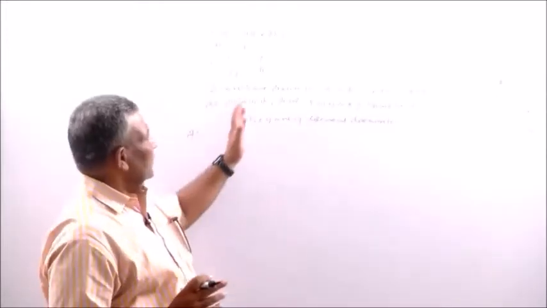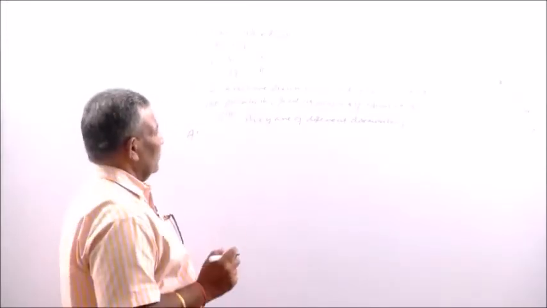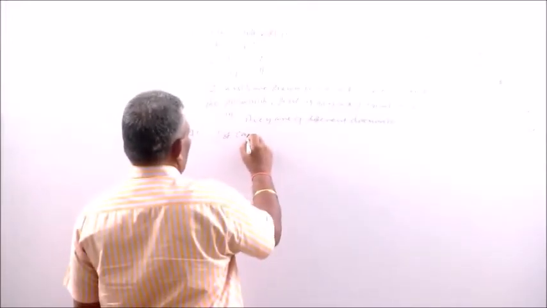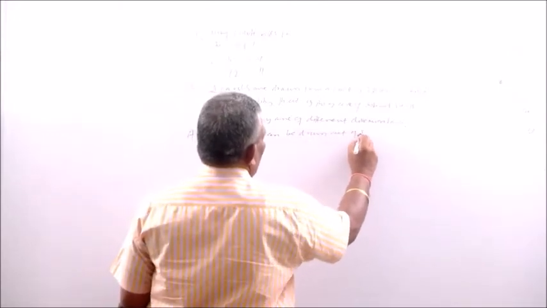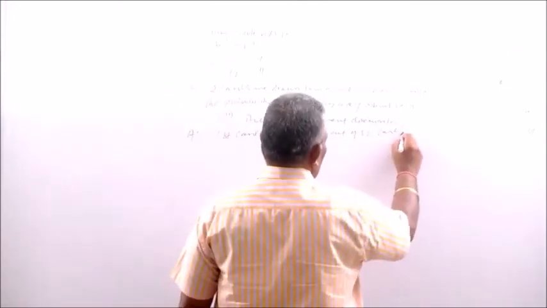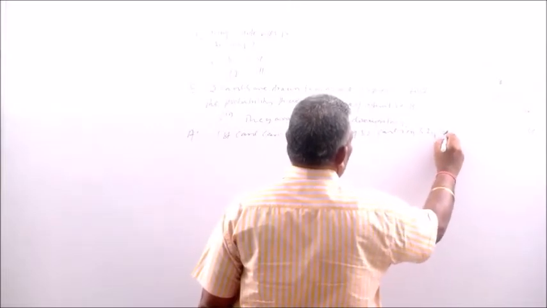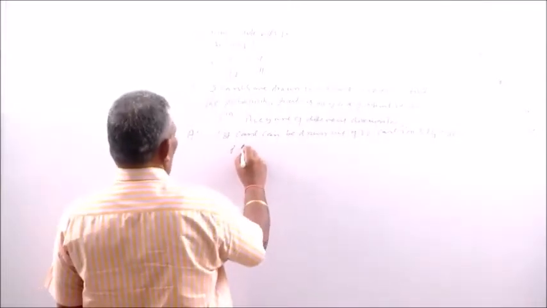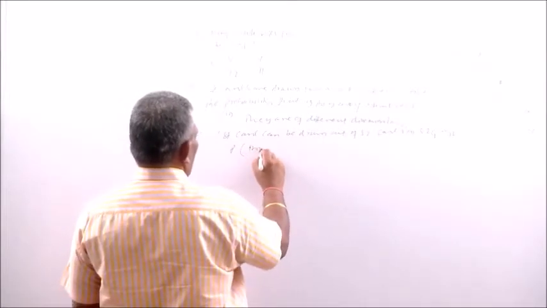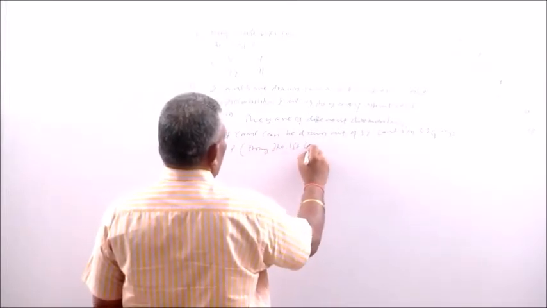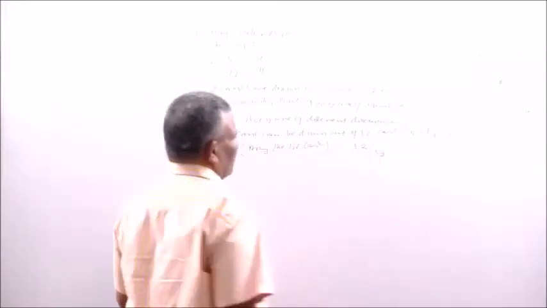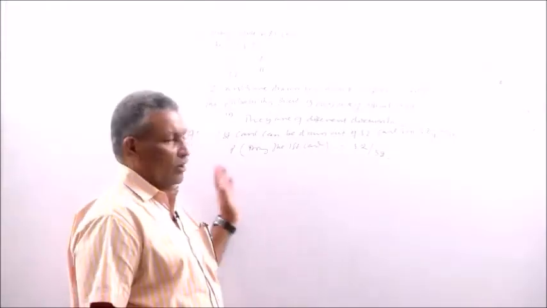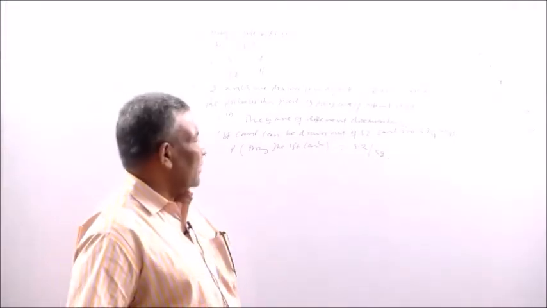We have 52 cards in the pack. While drawing the first card, that can be done in 52C1 ways. The first card can be drawn out of 52 cards in 52C1 ways. So the probability of drawing the first card equals 52 by 52, because out of 52 things, one thing can be selected in 52C1 ways.